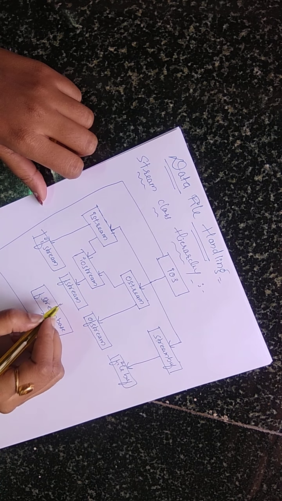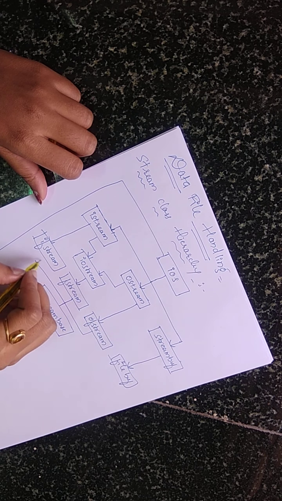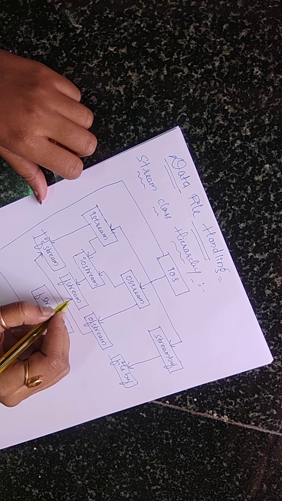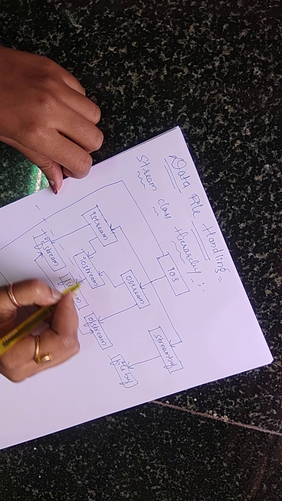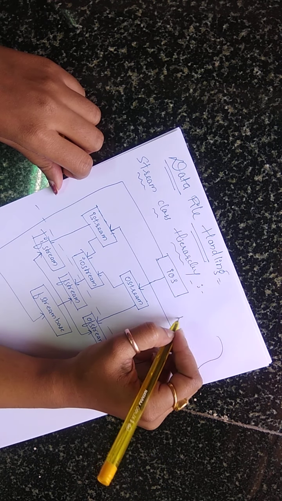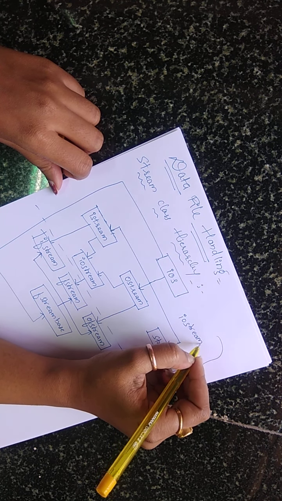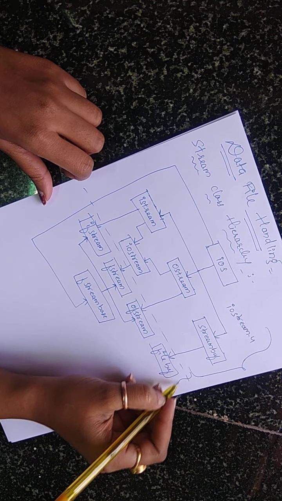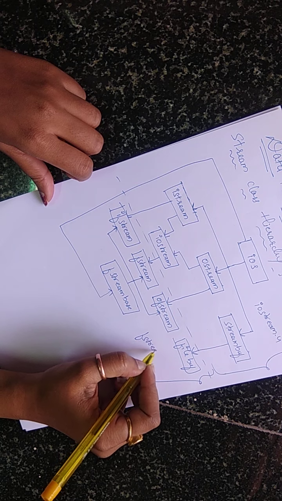And from your fstreambase, these three are connected. This portion we can divide. This part comes in your iostream.h header file, and this part will come under the fstream.h header file.